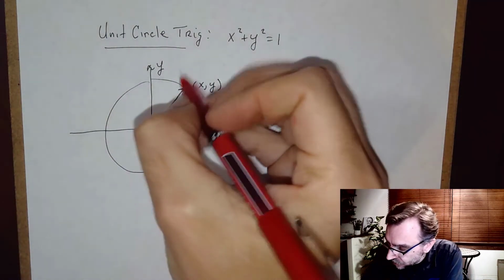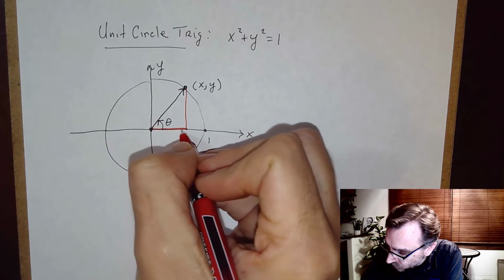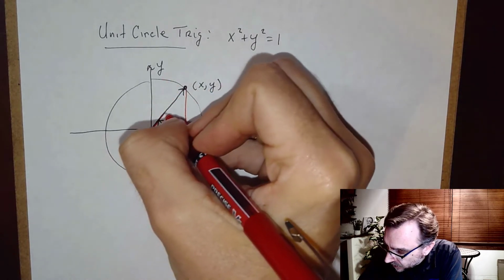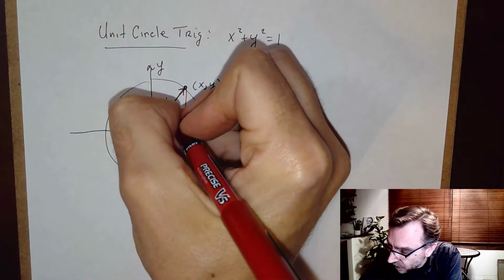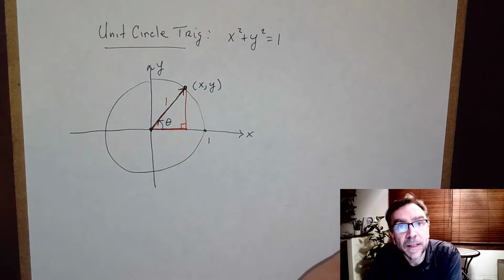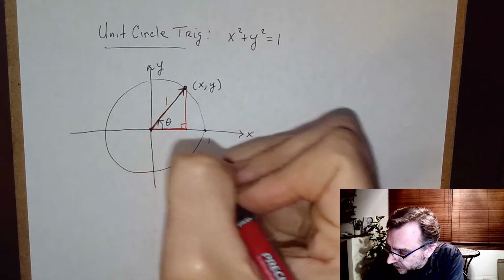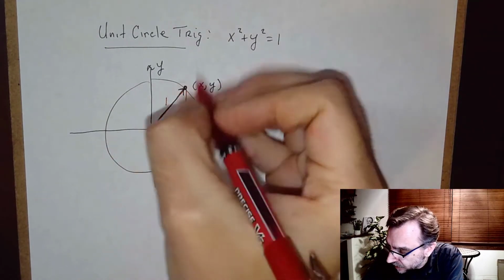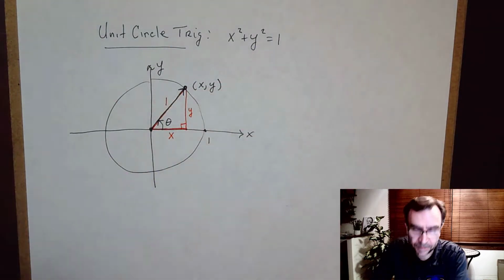So, as usual, we drop the altitude to the x-axis always and form this reference triangle. Now, this reference triangle is kind of special because we know the radius here, the r, is 1. That's the unit circle. And the distance here along the x-axis is related to the coordinate x, and the distance here along the y-axis is related to the coordinate y.